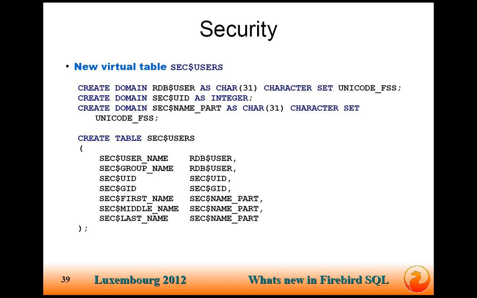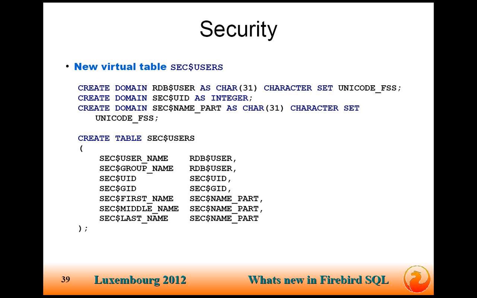You see, it has almost the same structure as the users table in the security database, except that it has no password hashes. It's just information about the user. Of course, a regular user will see just one record in this table about themselves, and the database administrator will see the whole list of all existing users in the security database.